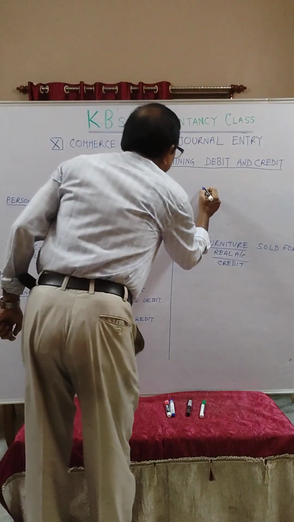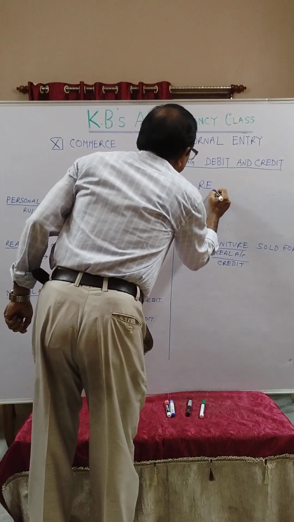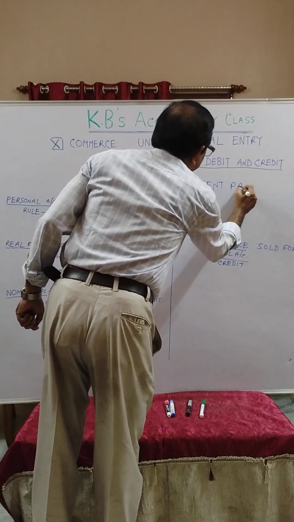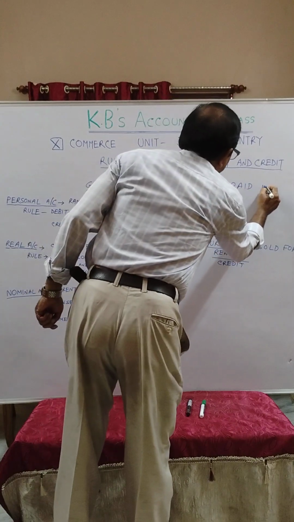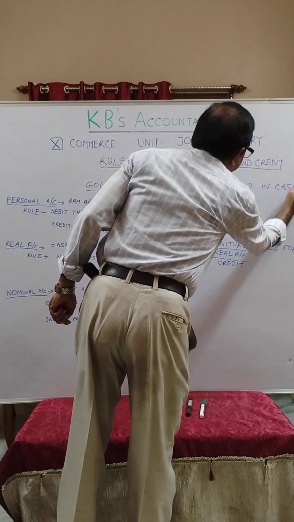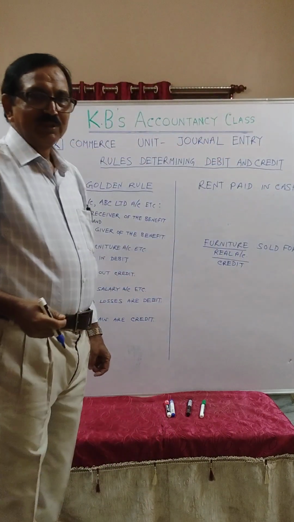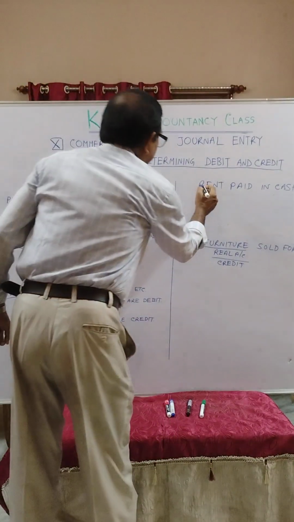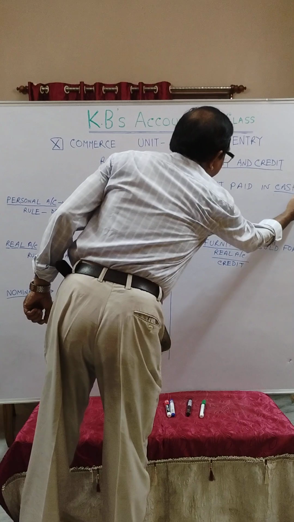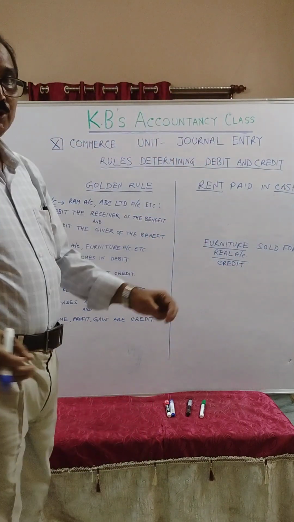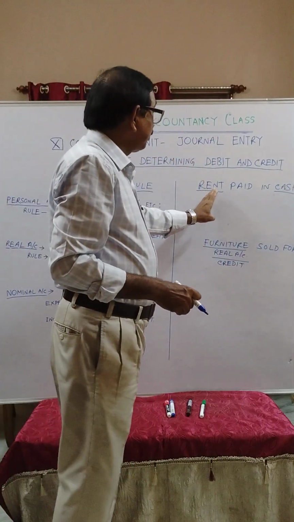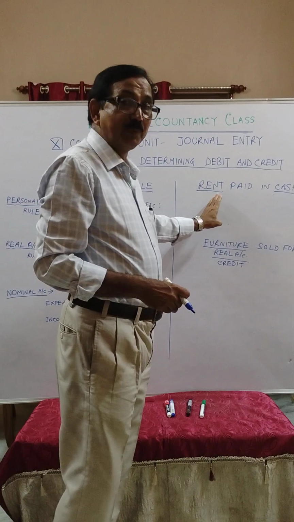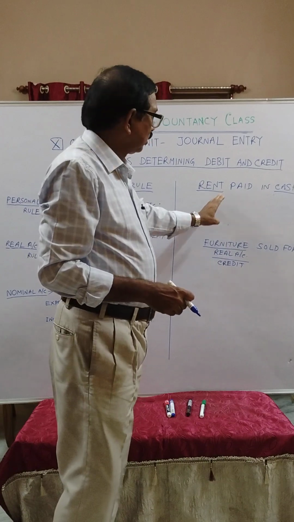Suppose rent paid in cash. So there are two nouns in this sentence. One is rent and the other is cash. Now we shall determine what type of account each is: personal account, real account or nominal account.